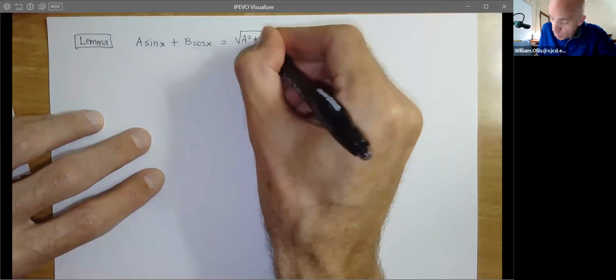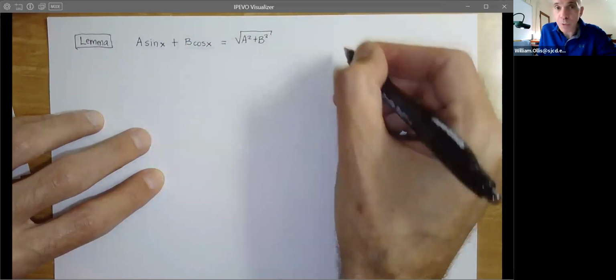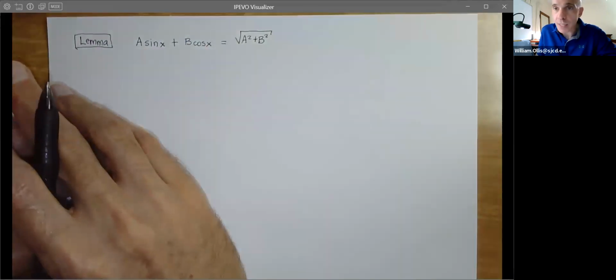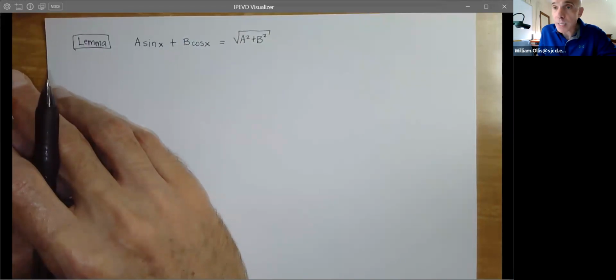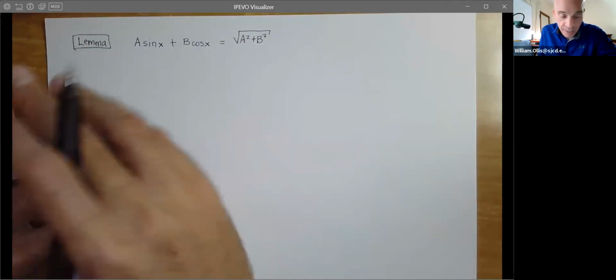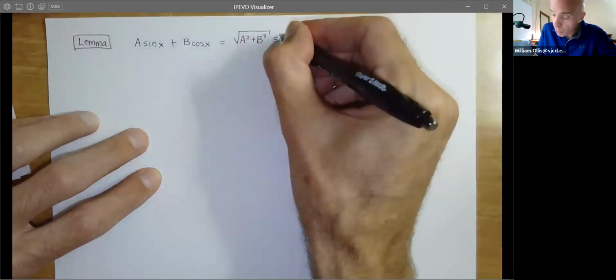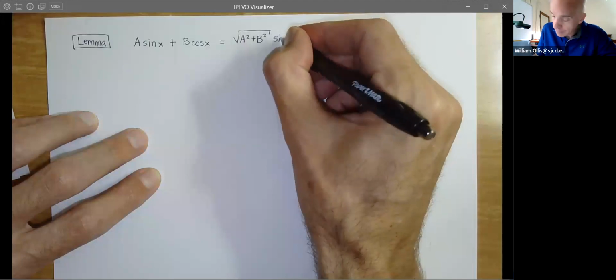I teach with the Stewart precalculus book when I teach precalc, and this is one of the exercises in chapter 7. That's a really good book. So if you ever need to review some precalc, the Stewart precalculus text is a standard, kind of like the Larson book we're using here in calculus.